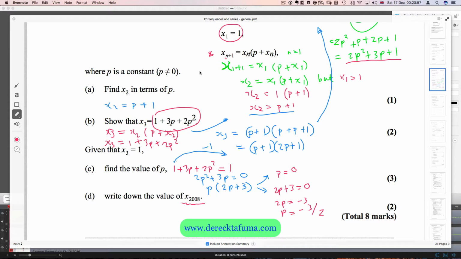So p, we're told, is different from 0, which means our only value of p is this one. Okay, so this value of p is out because of that.